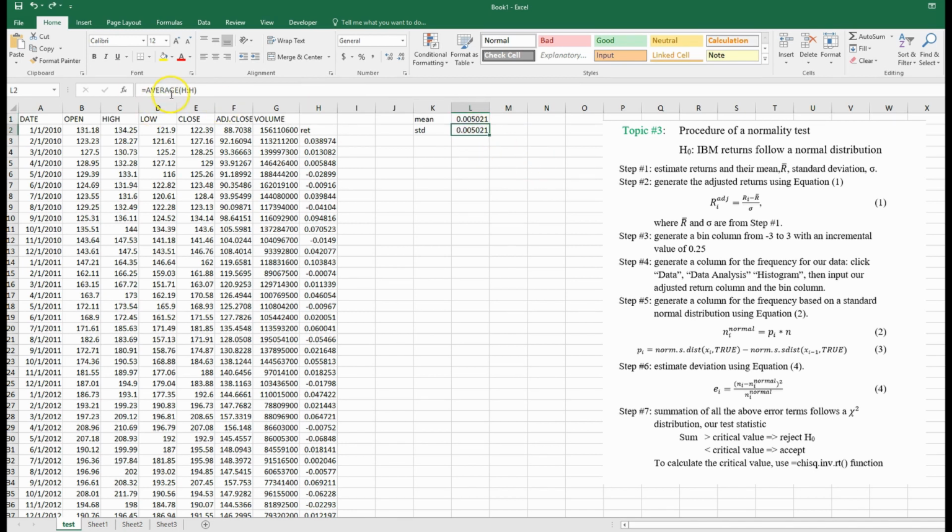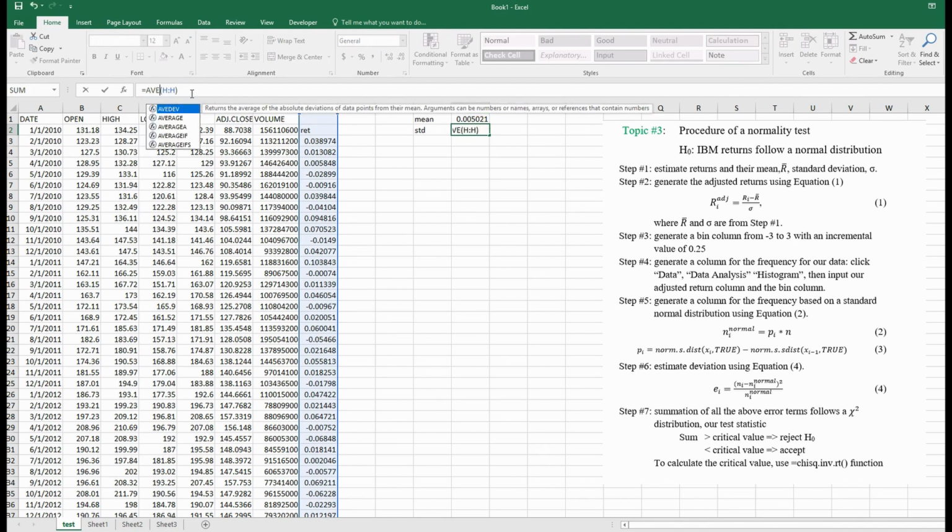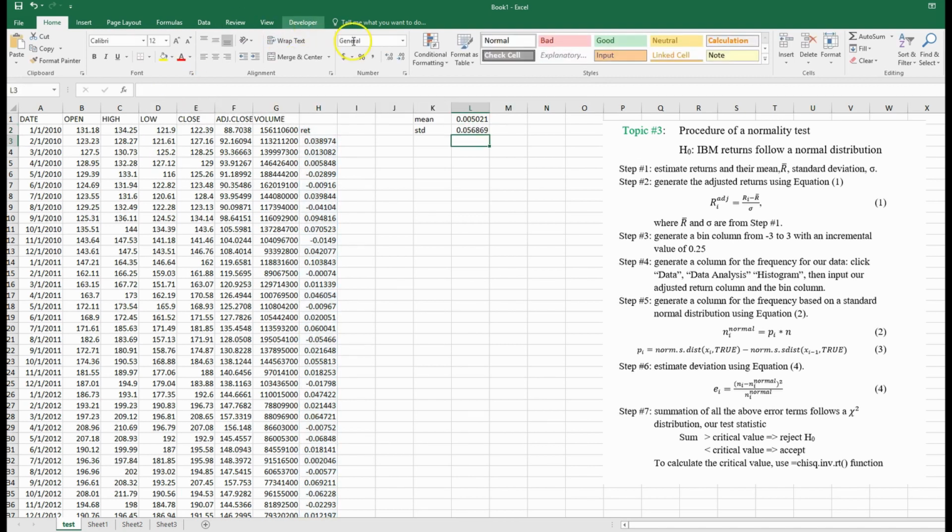Then we replace average with standard deviation. Just double check. So this is average of H column. This is STDEV of H column. So this is the mean, and this is the standard deviation.